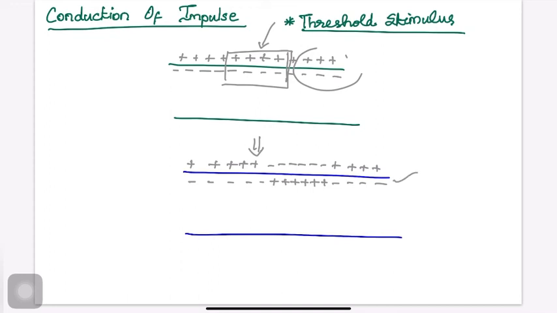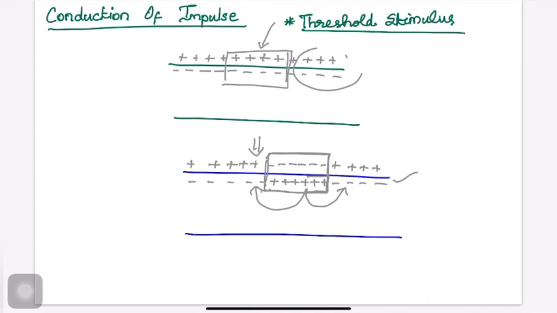So this is the place where the action potential is generated, right? After generation of the action potential, as there is positive charge inside and negative charge outside, the positive charges will flow along both sides.